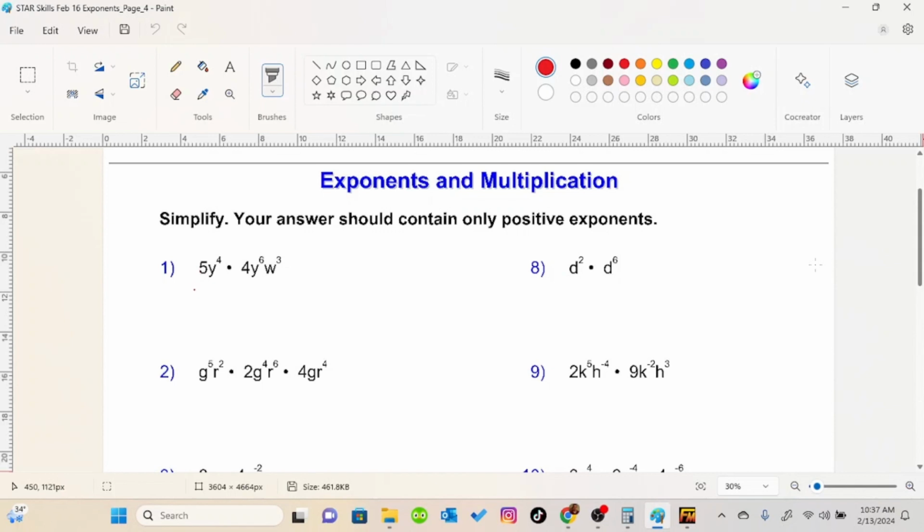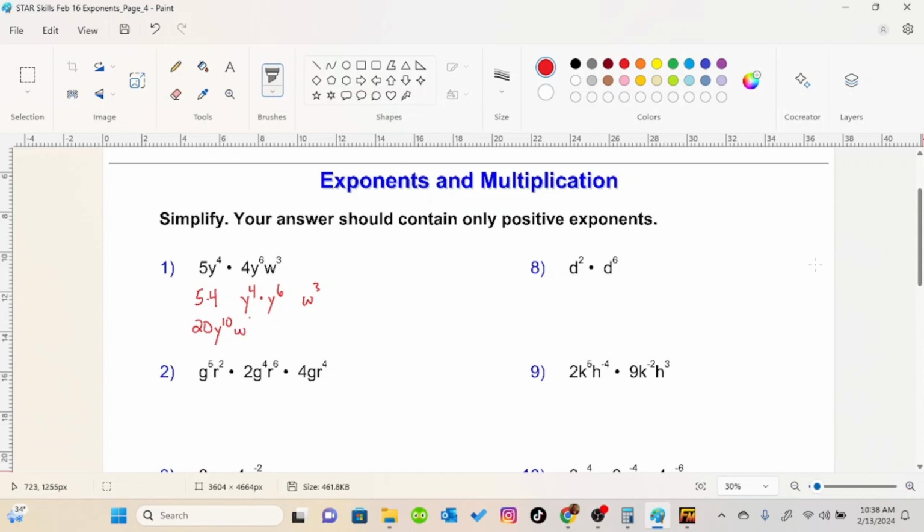So here we have 5 times 4. We have y to the 4th times y to the 6th, and we have w to the 3rd. 5 times 4 becomes 20, and y to the 4th times y to the 6th, we add the exponents together, and this becomes y to the 10th.